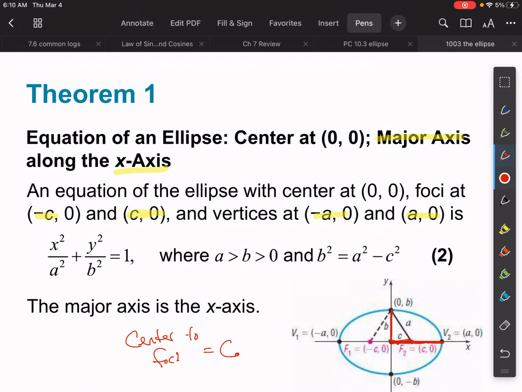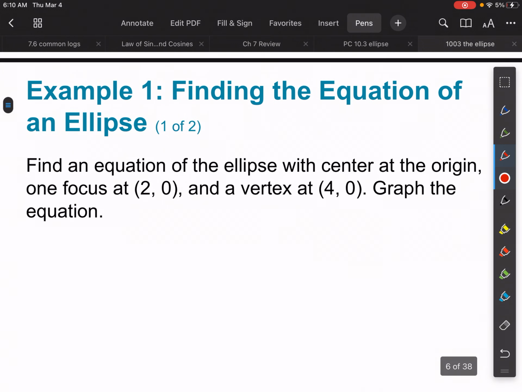And then the b value is just the distance in the vertical direction. So we have vertices at (negative a, 0) and (a, 0), but when we flip it, it'll be at b. Hopefully that'll make more sense as we go, but remember this when we are solving these things. So let's go to the next example here.